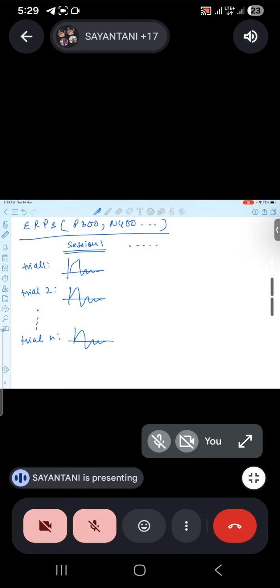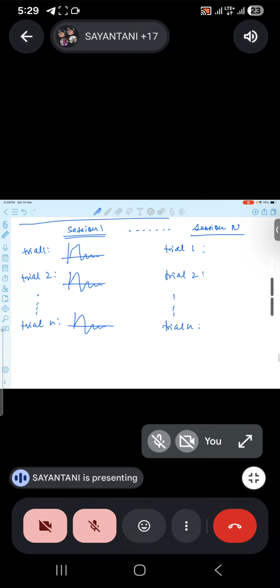So I might have a large number of sessions in a particular experiment, say n number of sessions, and each session can have multiple trials. So what I will do is, for ERP detection, I'm going to take the average of all the individual data points for this session. So I'll get an average signal like this.